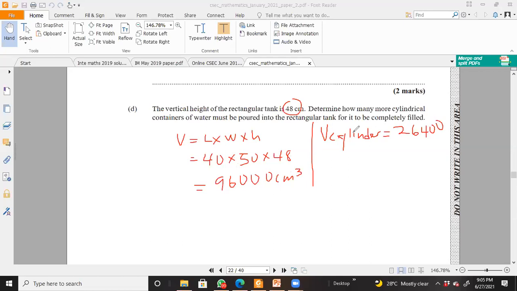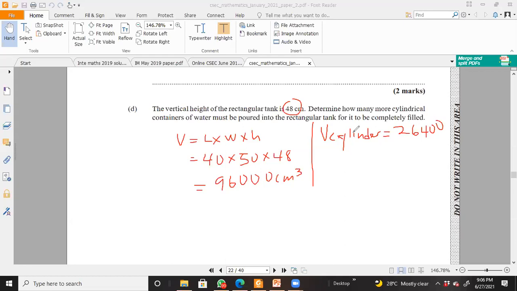Subtract. No, think again. You would divide. You divide. Beautiful.